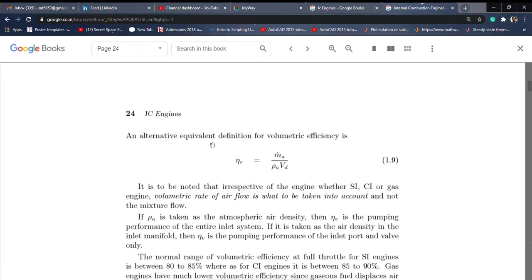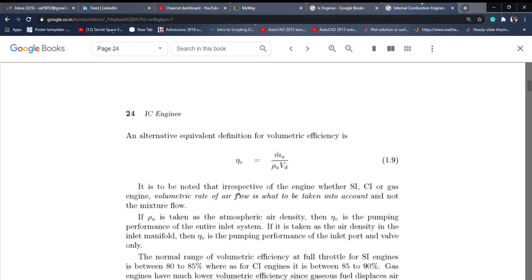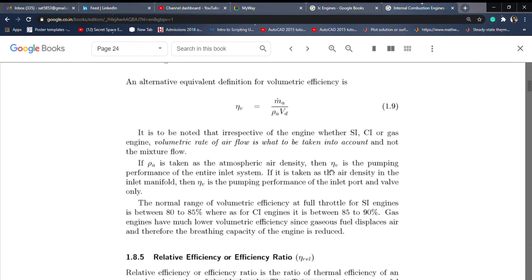So an alternative equivalent definition for volumetric efficiency is written over here. It is the same thing. It is to be noted that irrespective of the engine, whether SI (spark ignition), CI or gas engine, the volumetric rate of airflow is what is to be taken into account and not the mixture flow rate.